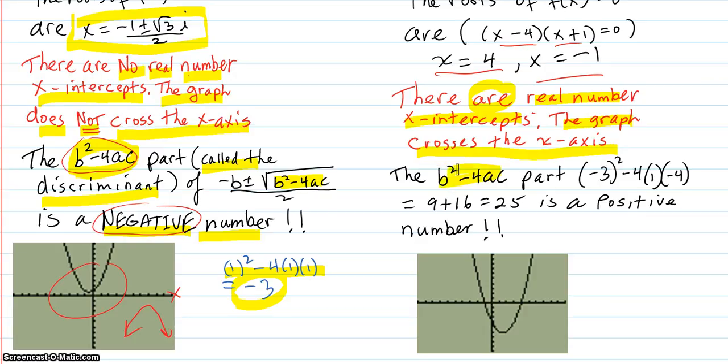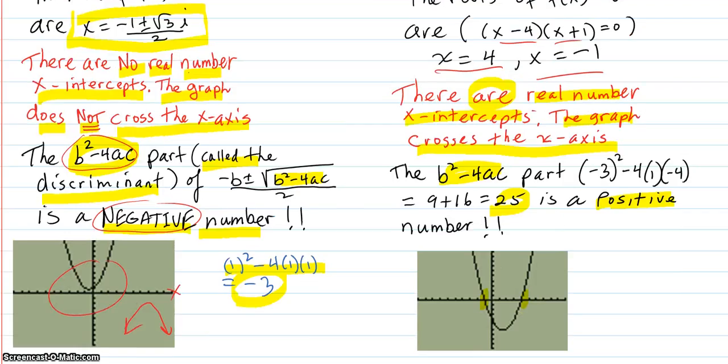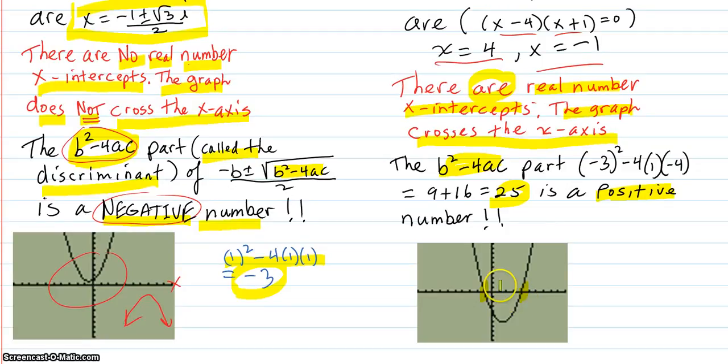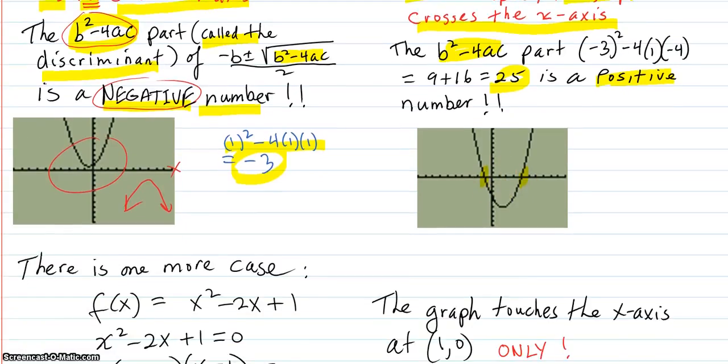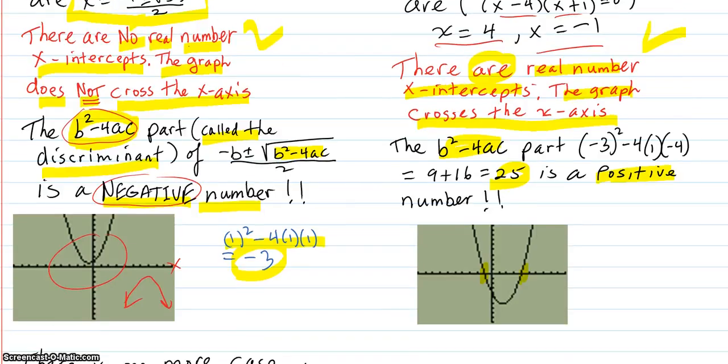That means the b squared minus 4ac part is positive, which it is here: negative 3 squared minus 4ac comes out to be 25. That's a positive number. And the graph indeed shows that you cross the x-axis at these two roots, 4 and negative 1. So it all ties in together. This is the case we've been seeing. We have not been seeing this complex number case.